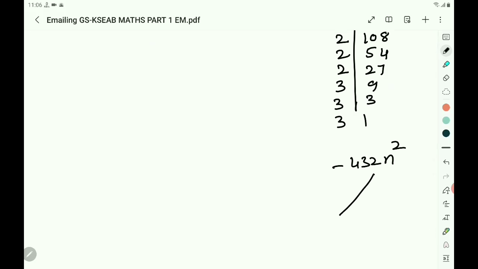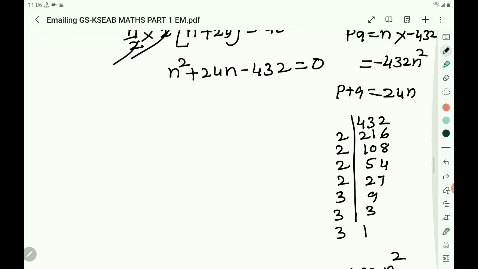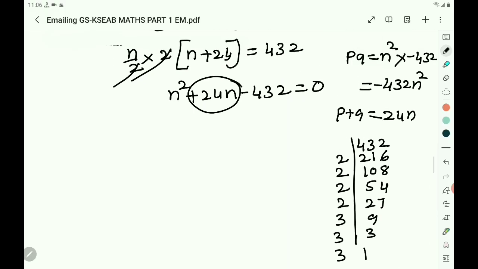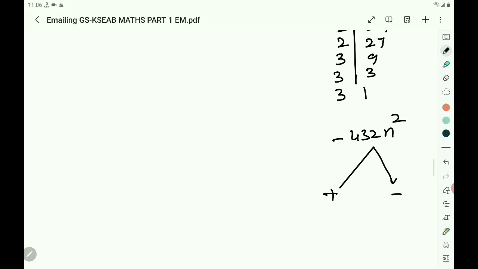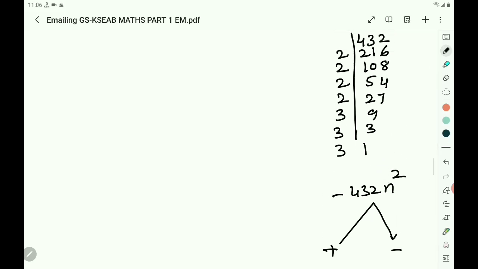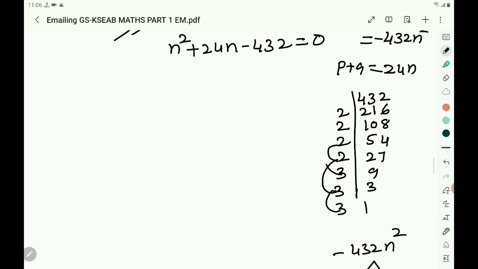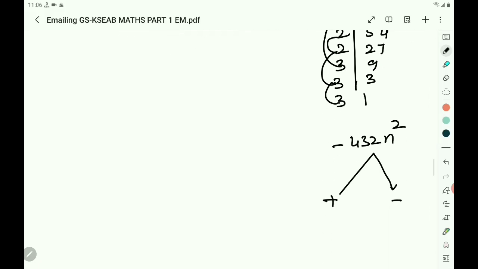Minus 432 n square is to be split into two terms. As the product is having a negative sign, the factors are having different signs, and the middle term is 24n. Therefore, the factors are plus and minus. Now, here 432 you can have 36 into 12. 36 minus 12, 36n minus 12n.